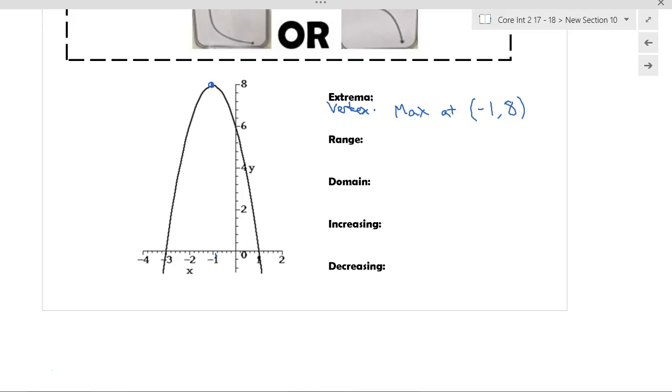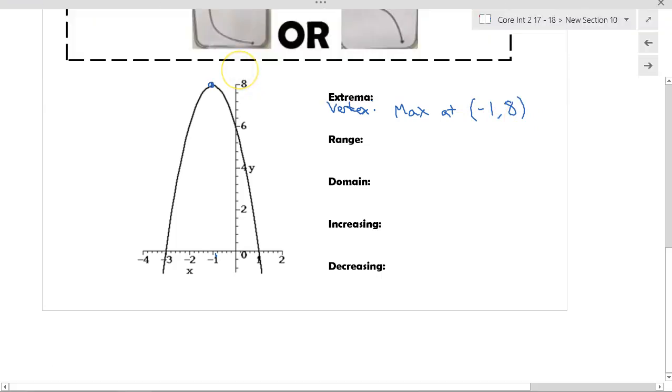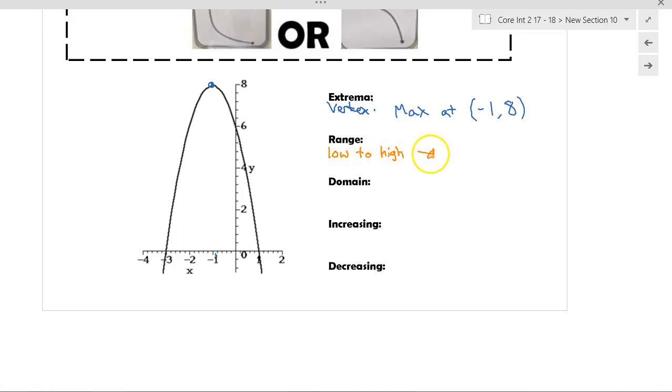Our range, remember, is low to high, or bottom to top. My lowest is going down forever, -infinity. My highest is my top point, 8.